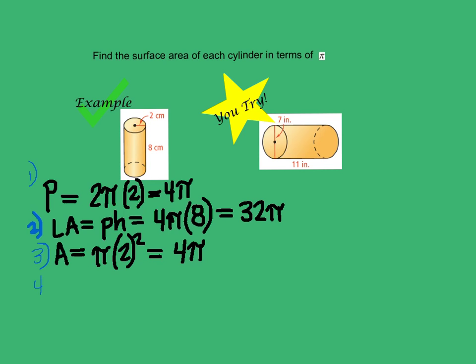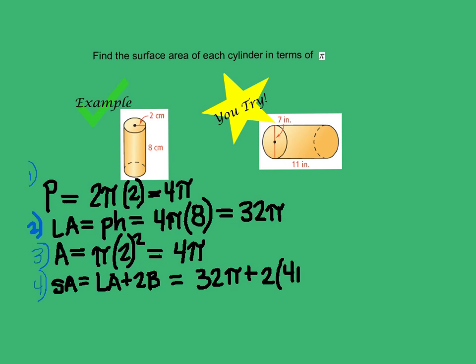And our last step is to find the surface area. So our surface area formula that we want to use is going to be our lateral area. So surface area is equal to our lateral area plus twice the area of the base. So our lateral area was 32 pi plus twice the area of our bases.